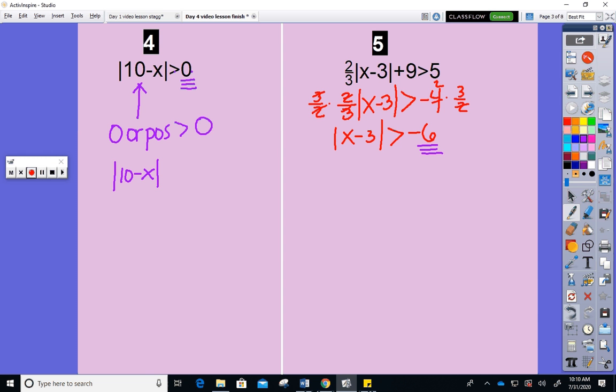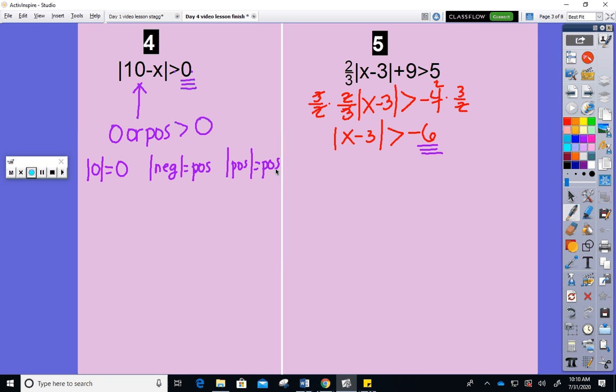Well, the only time that 10 minus x, think about it, if you have the absolute value of 0, that's equal to 0. If you have the absolute value of a negative, that's going to equal a positive. If you have the absolute value of a positive, that's going to equal a positive.